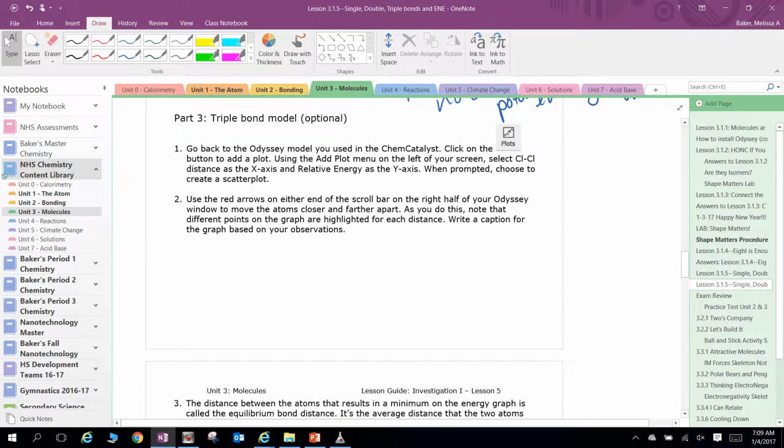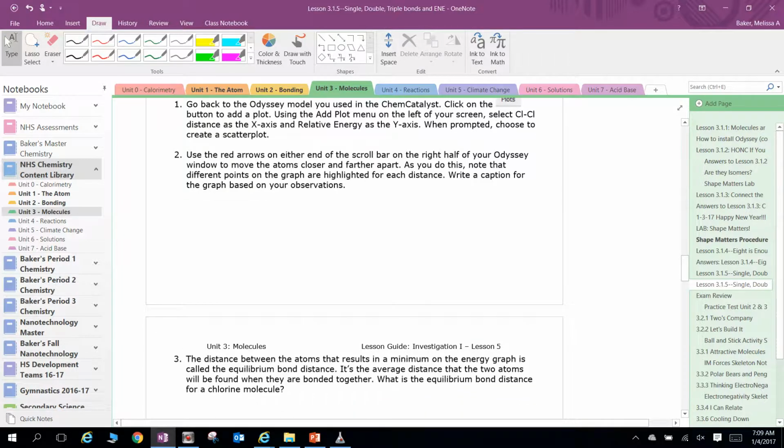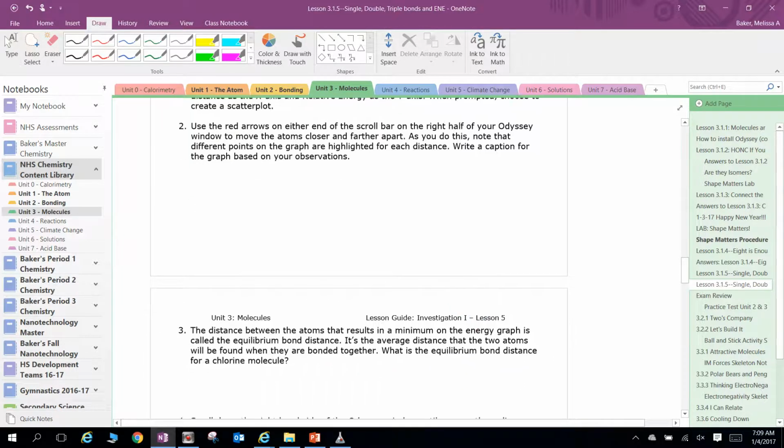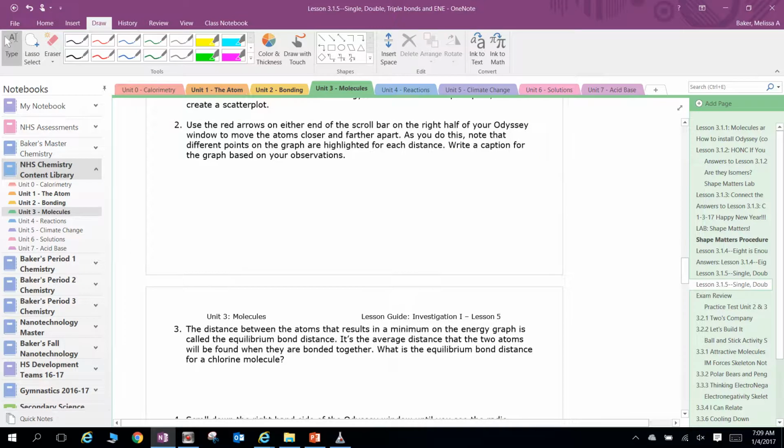All right. Now it says go back into Odyssey and use the plots button and plot the distance between the atoms and the relative energy and create a scatter plot. And then it says you can go ahead and move the atoms closer together and further apart. Write a caption for the graph based on your observations.